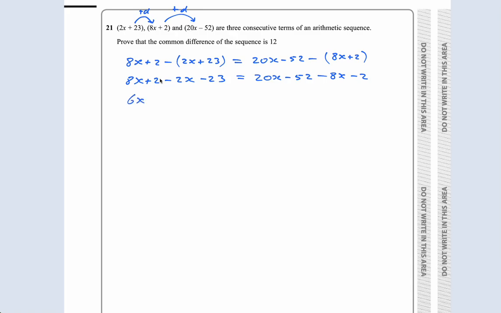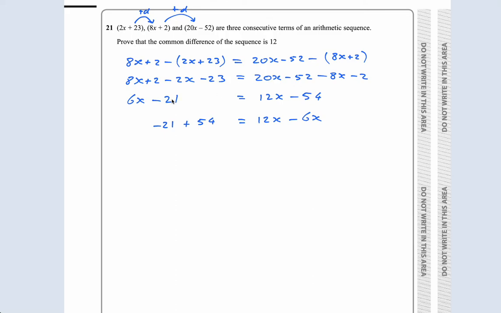6x, this is 8x minus 2x is 6x. 2 minus 23 is minus 21. That has to equal 12x minus 54. Now, these guys are both the common differences. Now, if it is an arithmetic sequence, I can solve for x. I can say 12x minus 6x, and I can say minus 21 plus 54.